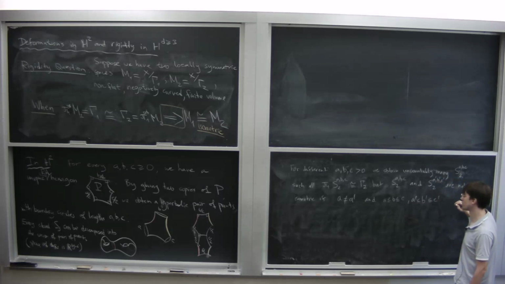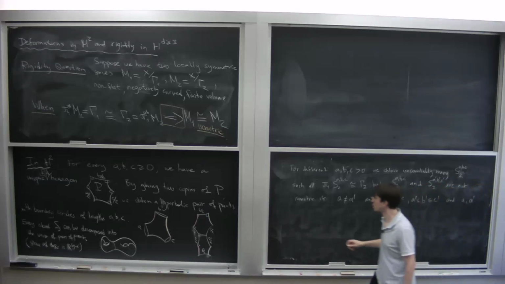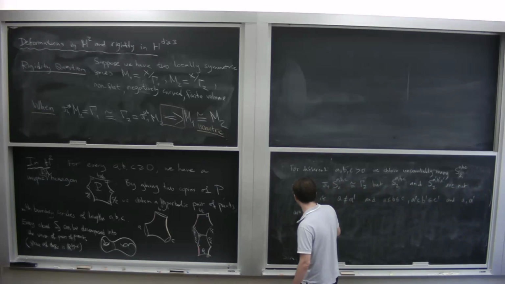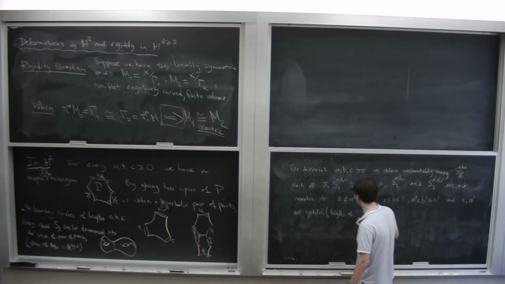I can say that A and A prime represent systoles, which are the lengths of the minimal simple closed curves, right?